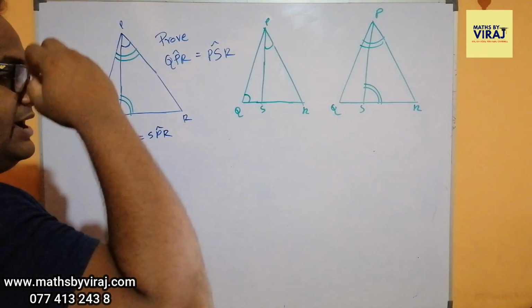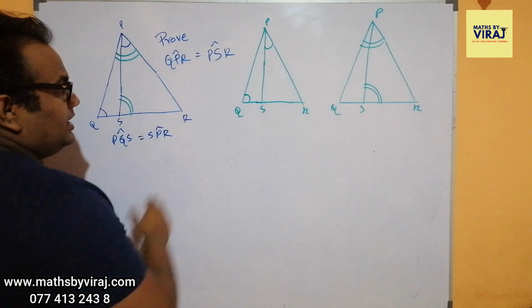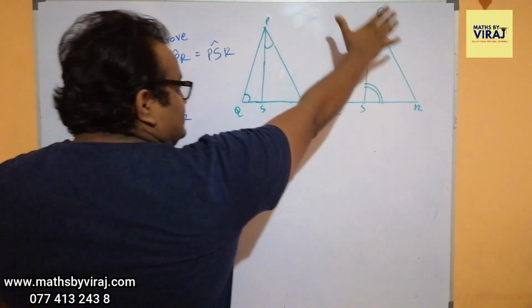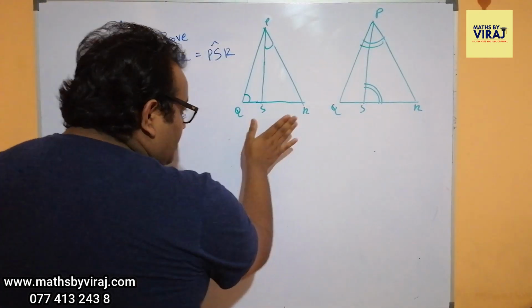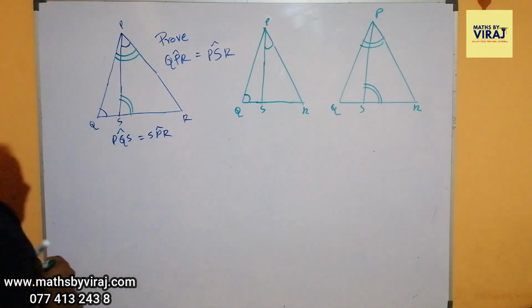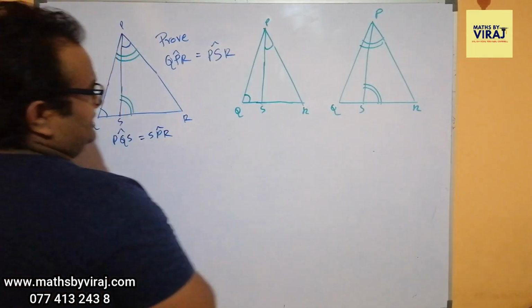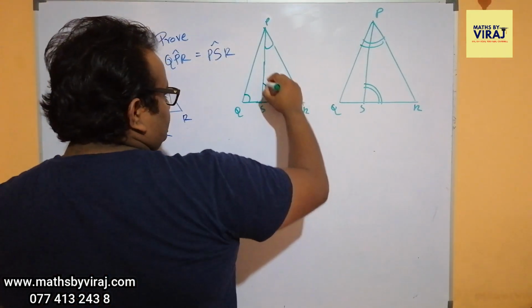Children, this is the way that you should think and do the sum. Here, this is what needs to be proved and this diagram shows what is given in the sum. Now if I consider angle PSR, this particular angle.